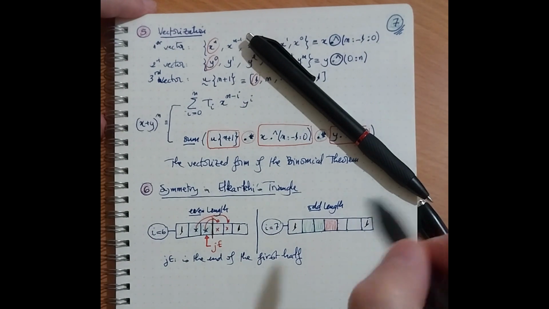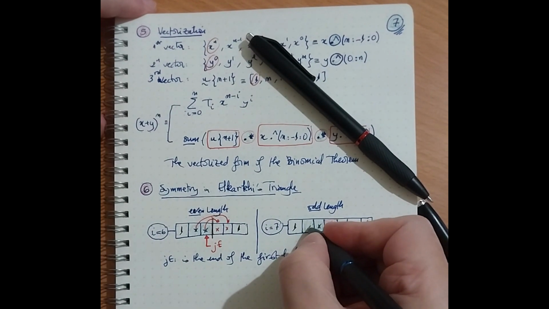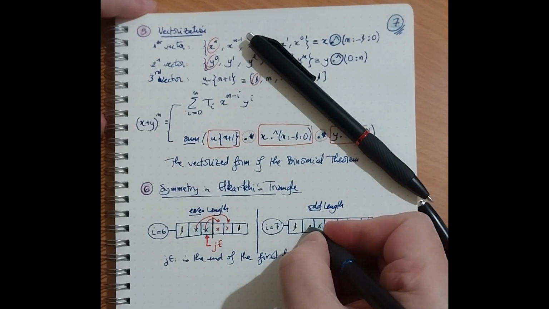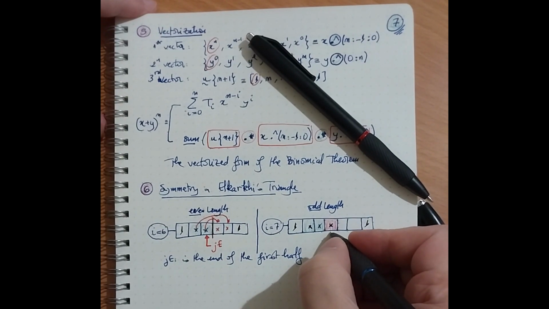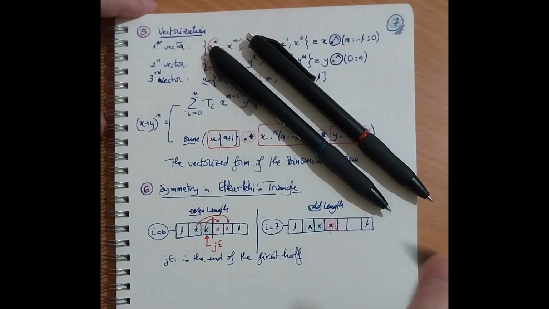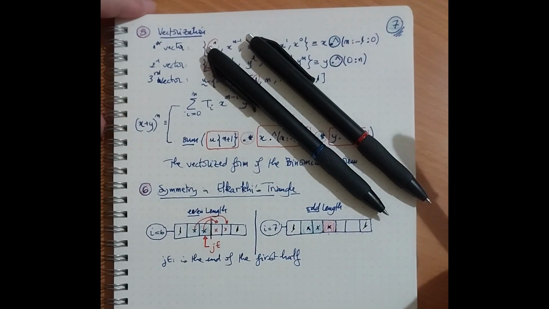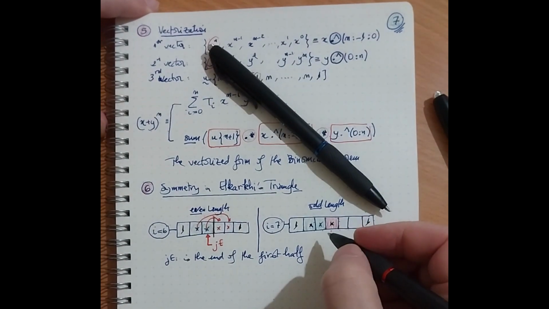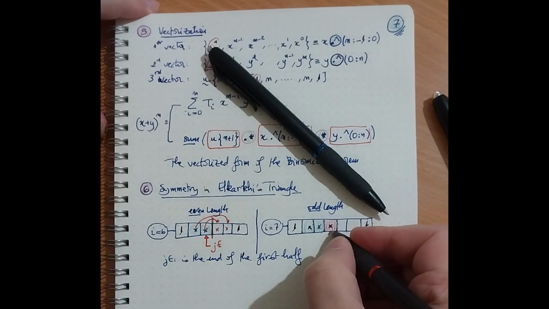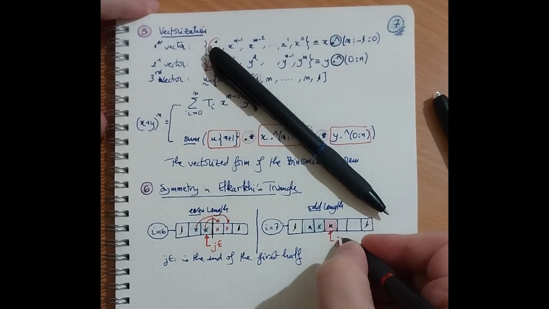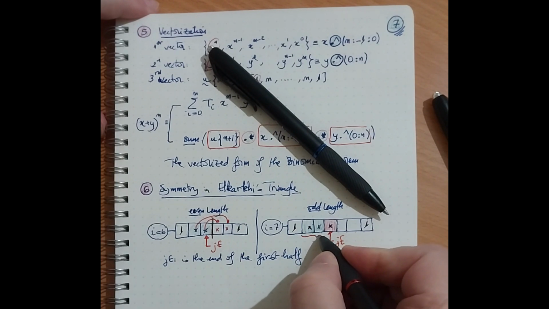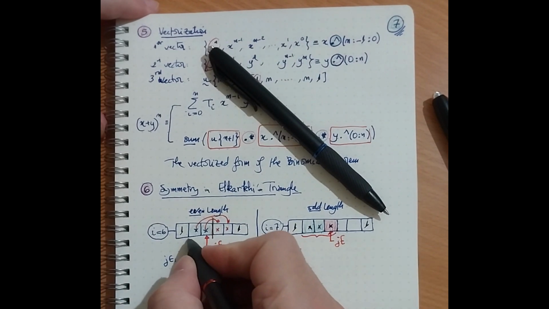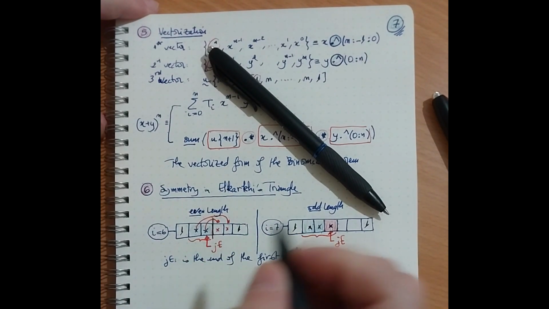So the elements here will be calculated and copied, but the one here will not be. So JE will be here. So the first half to be calculated.